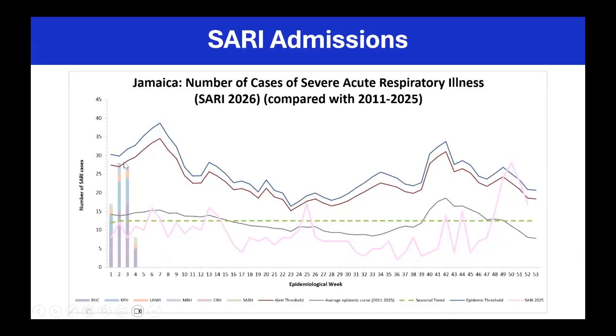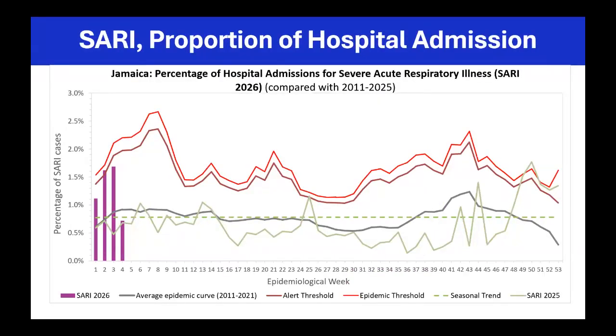Then we look at the SARI. So already this year, we have SARI admissions that went above alert level, above seasonal, and it appears that it is now below seasonal. Similarly, when we do percentages of SARI admission to the hospital, we know it is 0.7% of all admissions and below seasonal.